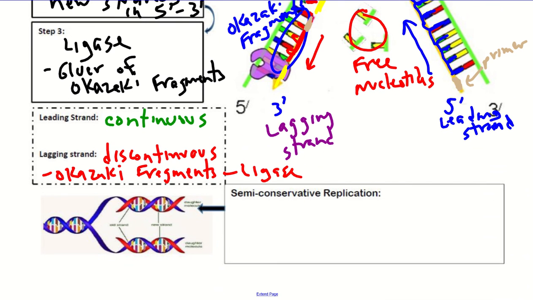The final thing is DNA goes through what's called semi-conservative replication.